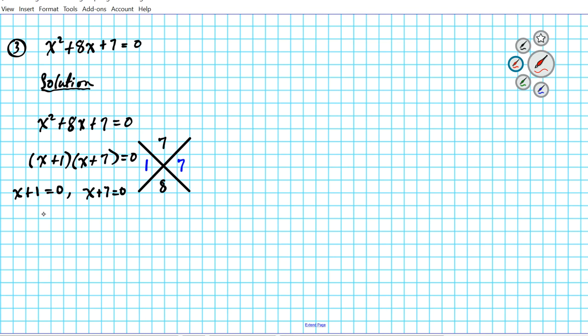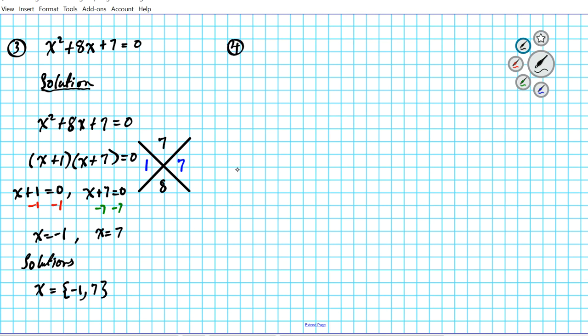For the first one, just subtract 1 from both sides, and you have x equals negative 1. And then for the second one, just subtract 7 from both sides, and then you have x equals negative 7. So your solutions, there are two of them, are x equals negative 1 and negative 7.